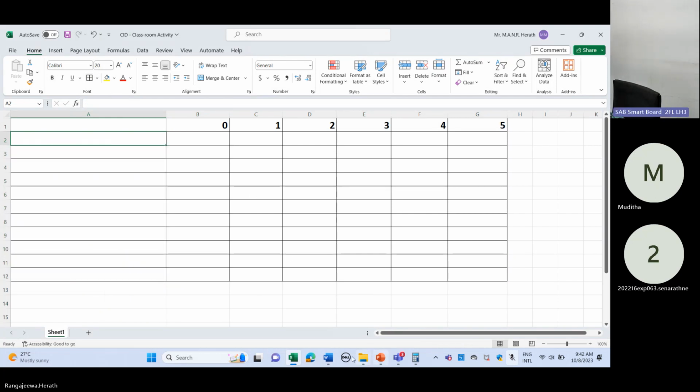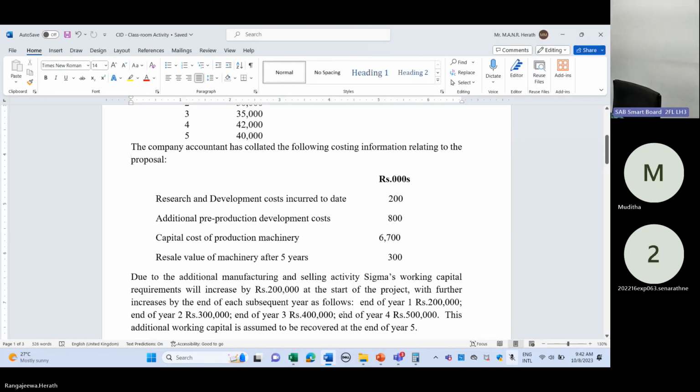So we are not taking this research and development cost, which is sunk, irrelevant.